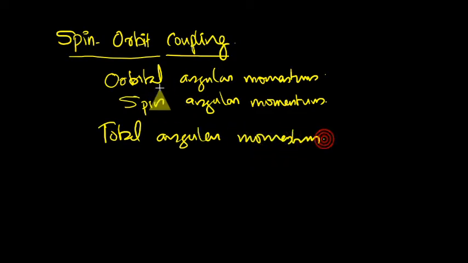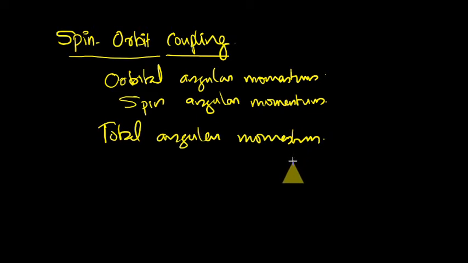We were talking about orbital angular momentum, then spin angular momentum, and now total angular momentum. If there is a net orbital angular momentum and a net spin angular momentum in an atom, they will couple to give a total angular momentum.